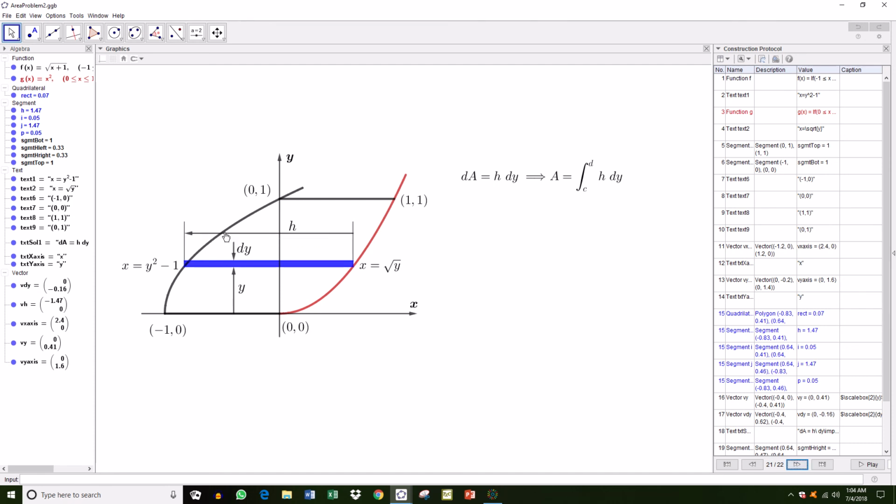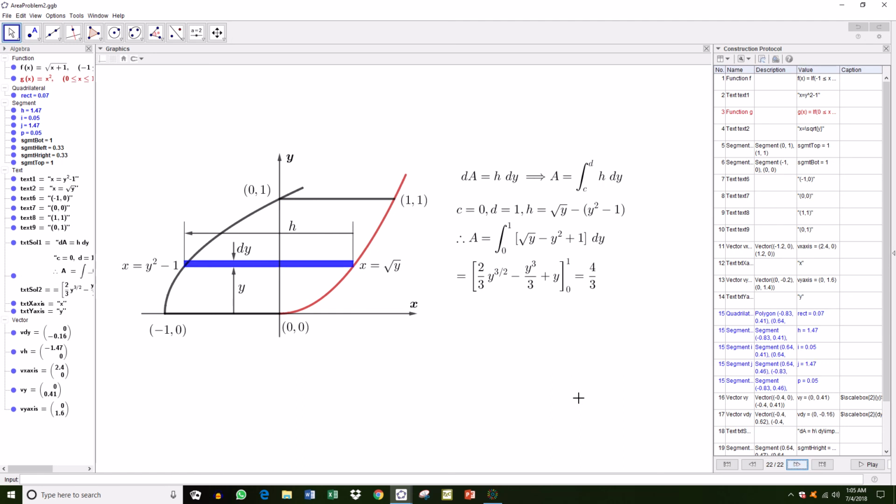What's the distance from here to here? 3 minus -2, which is a total of 5. So always horizontal, especially when you have a coordinate system where horizontal is x, to the right is positive. You want to get a positive value for h, the right side value minus the left side value. Okay, that's all. If you keep that in mind, you are never going to make a mistake in this problem.